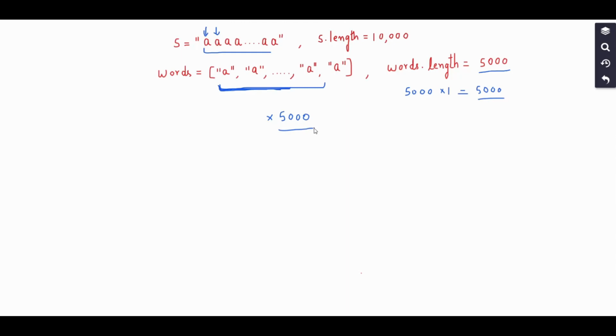So how many times would I be iterating 5,000 times? Since I have all the characters the same, that is A, and the words in this array are also A, I have to start at every single index. Hence I will iterate 5,000 times for all of my roughly 10,000 indices.